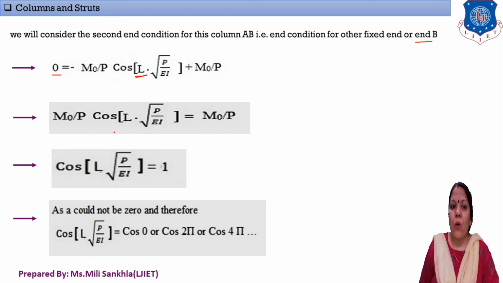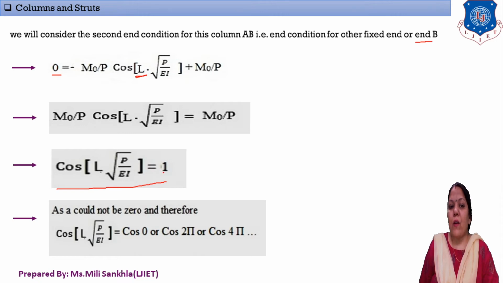M0/P cos(L√(P/EI)) = M0/P. M0/P and M0/P cancel from the left and right side. Cos(L√(P/EI)) is equal to 1. This is our final term.